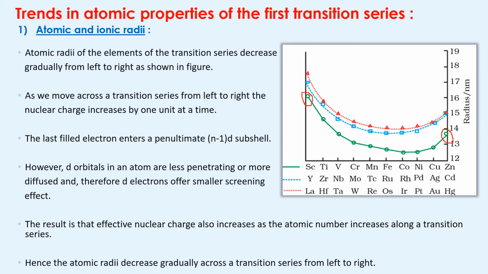Due to the effective nuclear charge, as the atomic number increases across the series, the atomic radii decrease. Okay, as the atomic number increases, your effective nuclear charge also increases, but your atomic radii decrease.